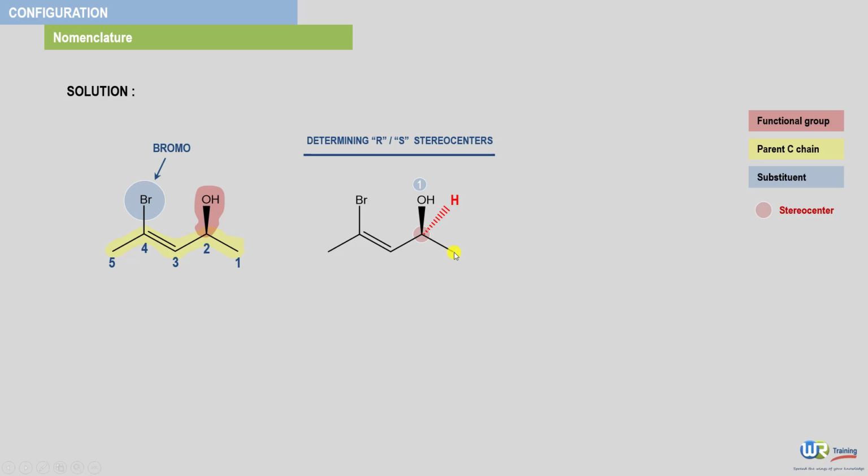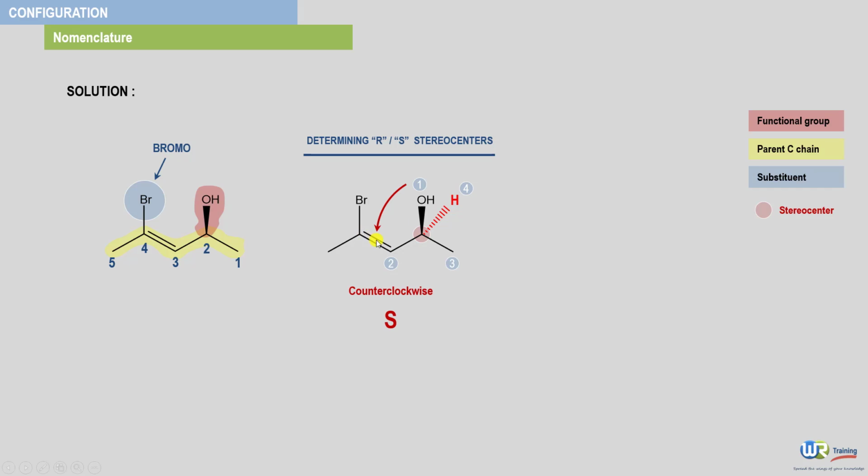Carbon beats hydrogen, so this carbon here will get priority number 2, and this one here number 3. And of course hydrogen number 4. And since hydrogen is on a dash, then we can determine the configuration directly. We go from 1 to 3 counterclockwise, so the configuration for the stereocenter is S.